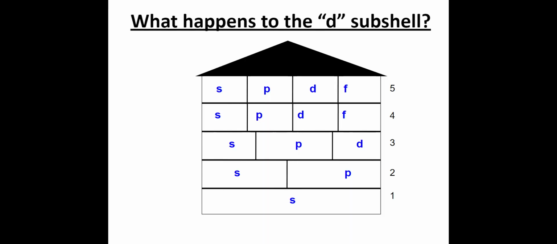That means we just filled the first two floors of this house: 1s2 on the bottom, 2s2 on the left of the second floor, 2p6 on the right on the second floor. When we go to the next floor up, we skip the 3D subshell until after we fill in the 4s subshell. And that's not the only change.